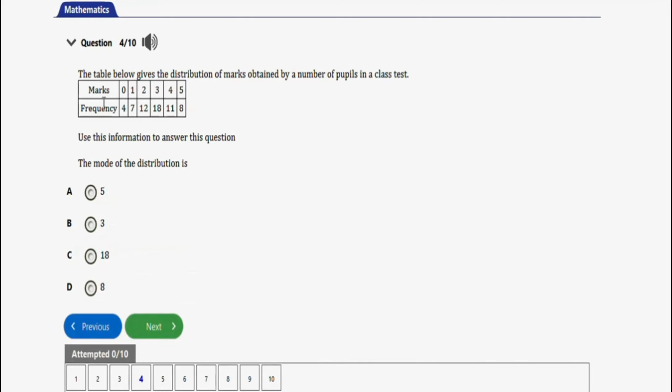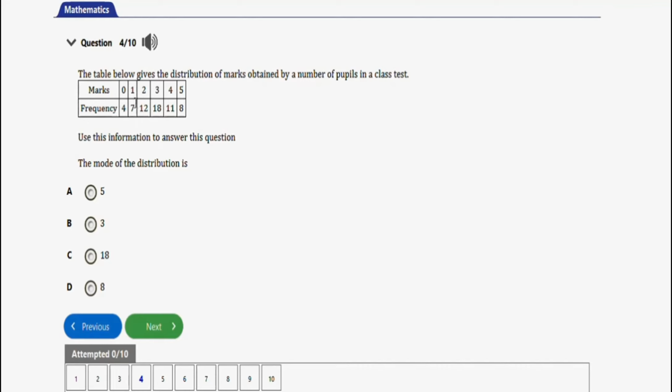It says the table below gives the distribution of marks obtained by the number of pupils in a class test. Use the information to answer this question. The mode of the distribution is what? So mode is the highest occurring frequency, right? From here we have the first row to be the marks, the second row to be the frequency.